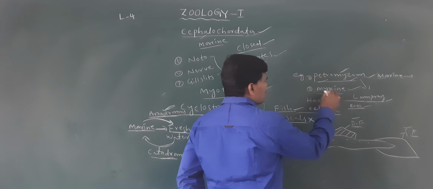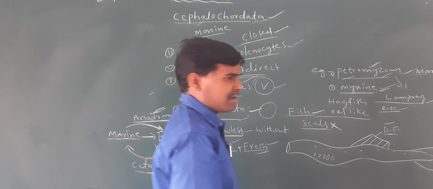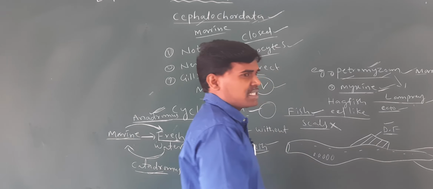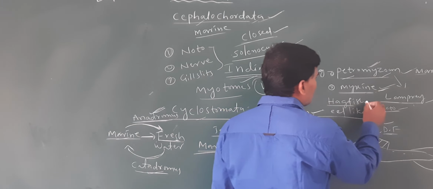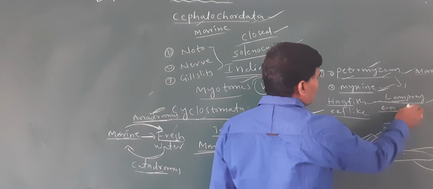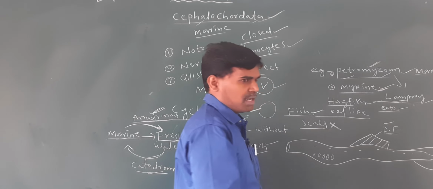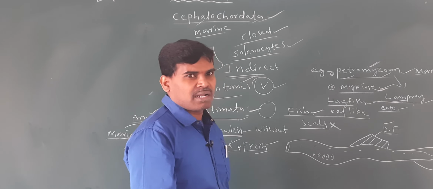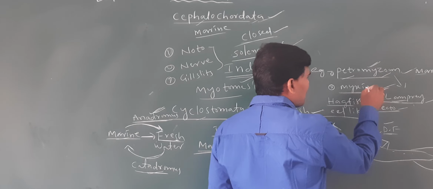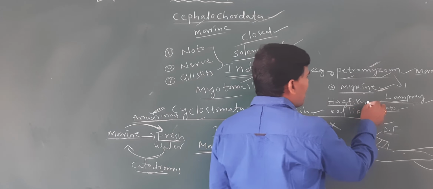Because Myxins feed on organic decaying materials, on dead or decaying animals. Hence the name hagfishes. The Petromyzon is commonly called a lamprey. Myxins live mostly in marine waters.